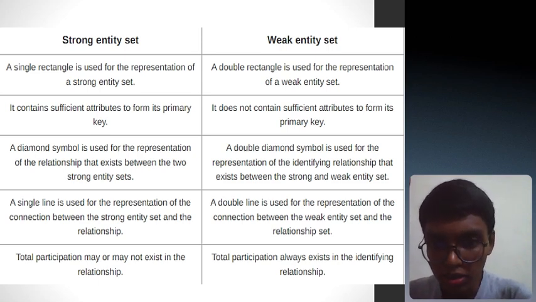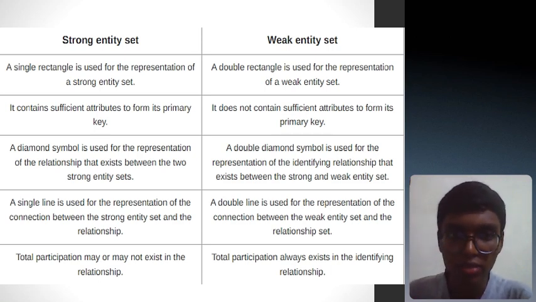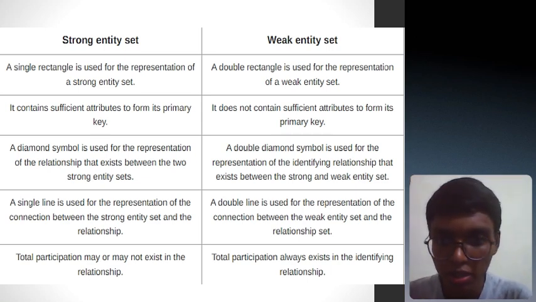A single line is used for the representation of the connection between the strong entity and the relationship, whereas in a weak entity set, a double line is used for the connection between the weak entity set and the relationship set.